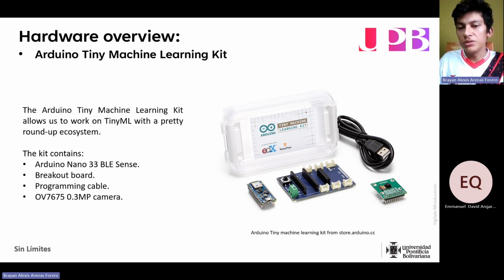These sensors allow us to capture and analyze hand movements in real time, which is essential for identifying these gestures. Also, the kit allows us to implement machine learning algorithms directly on the device. This means we can train our model to recognize rock, paper, scissors hand shapes directly, resulting in a fast and efficient response.